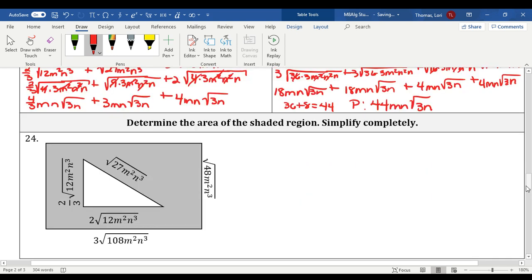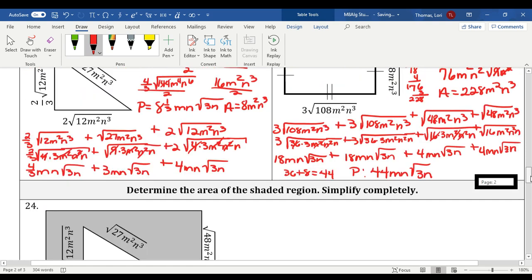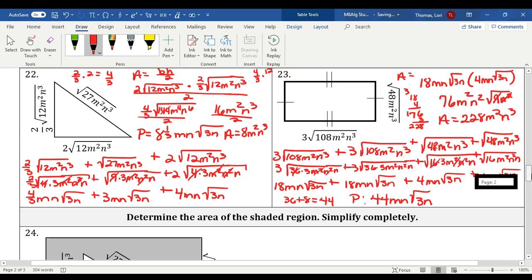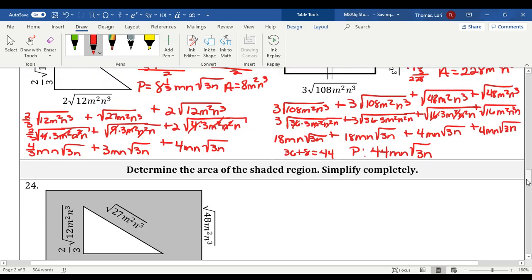And look at this one. So we are going to get the area, which we already did up here, and then the area of the triangle that we already have, and then we're going to subtract them.